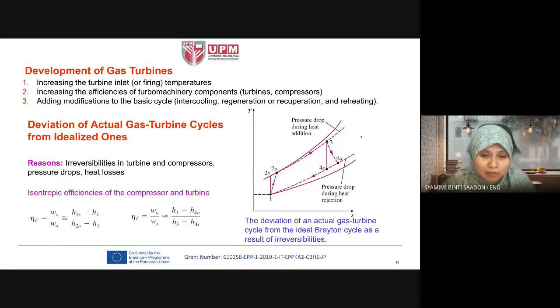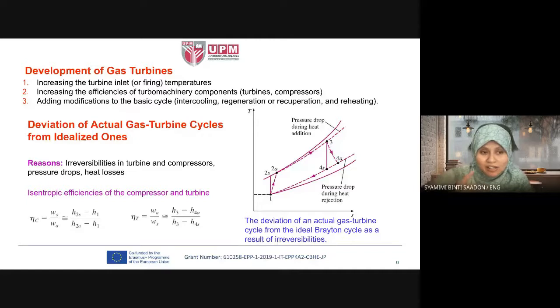If we increase the efficiency of compressor and turbine. The third method is to add modifications to the basic cycle. This is what we want to see in the later slides. We modify the basic cycle, whether we add intercooling, we regenerate it, recuperation, like just now, like Stirling cycle, Edison cycle, or we reheat the working fluid, we add the reheater.